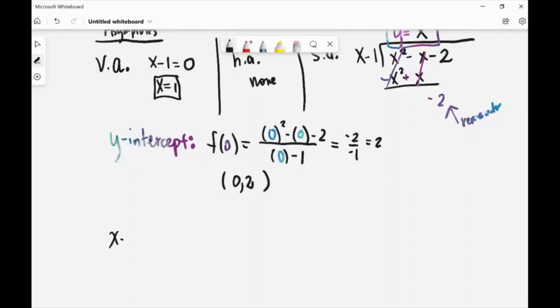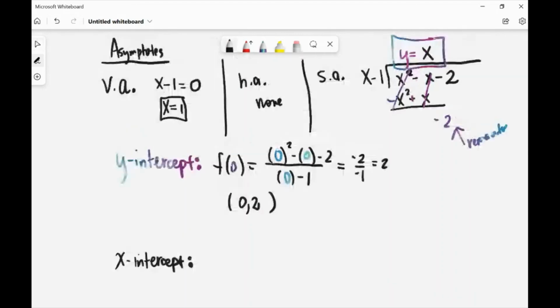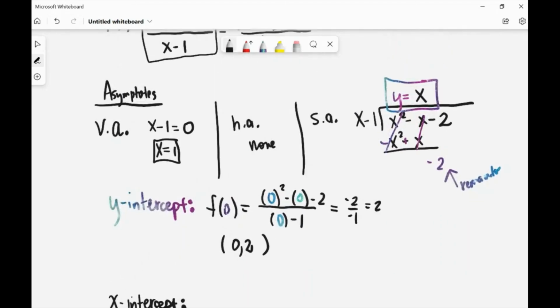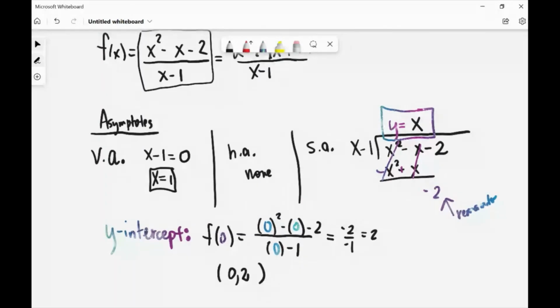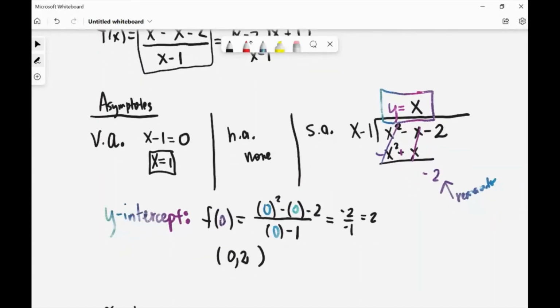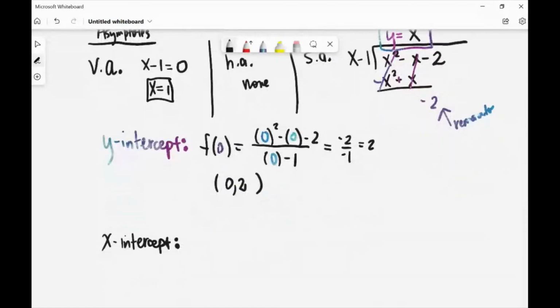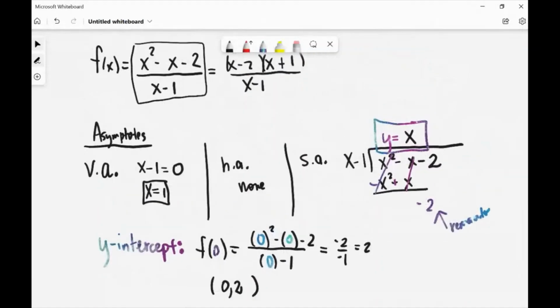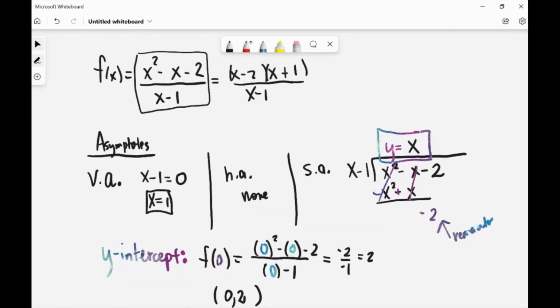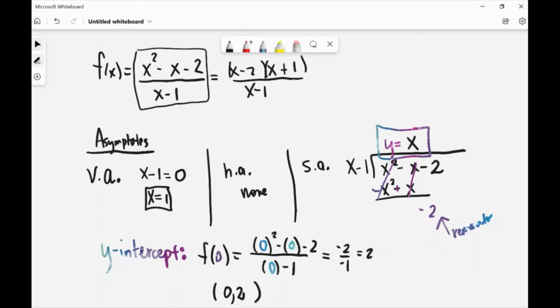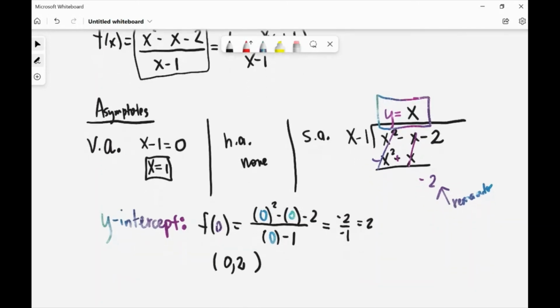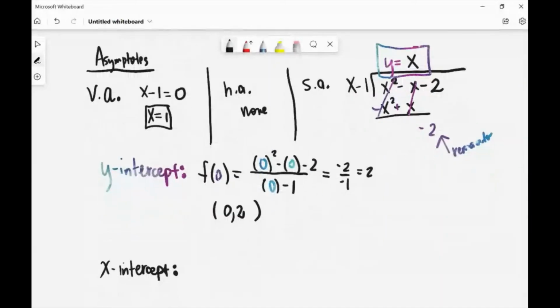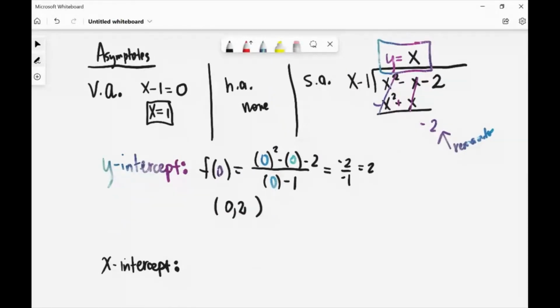X-intercept, how do we find that? It's the opposite of what we just did. How do we find the x-intercept? How do we find zeros then?